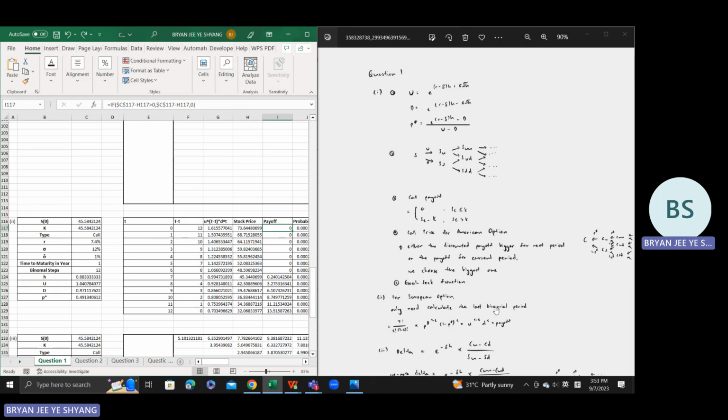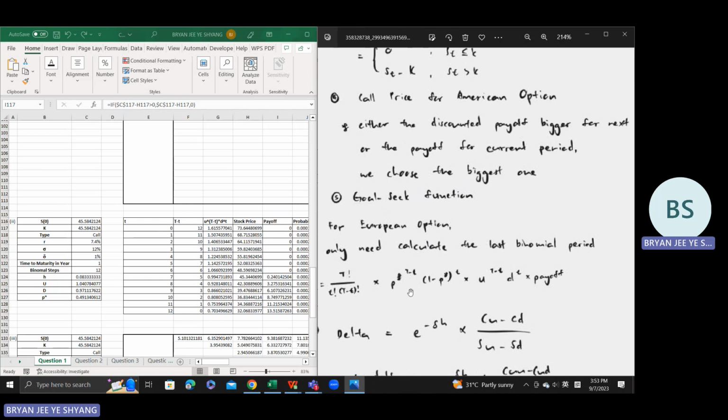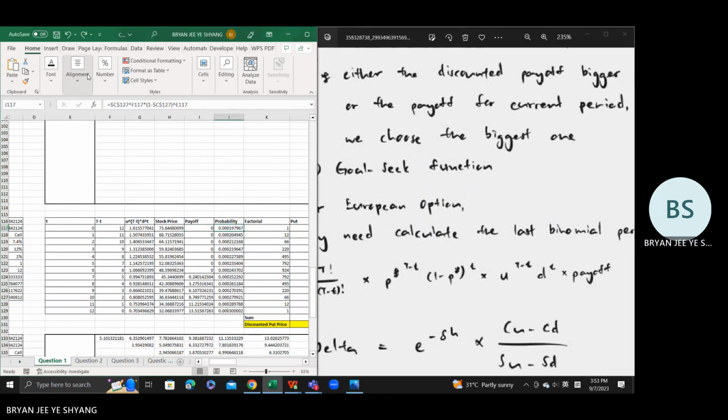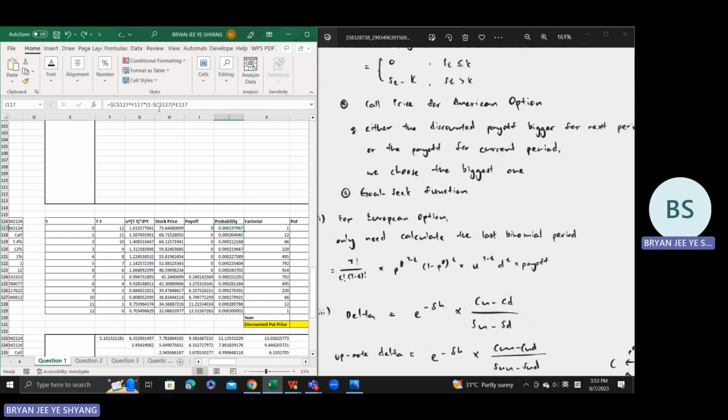Then we still have one left, the probability. The probability is equal to P naught to the power of big T minus small t, and then times 1 minus P naught to the power of small t. And then after that, we calculate the factorial. The factorial is equal to big T factorial over small t factorial times big T minus small t factorial.